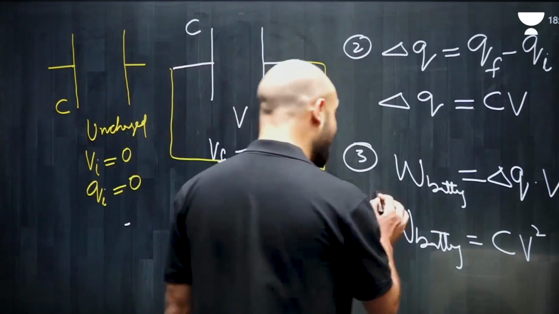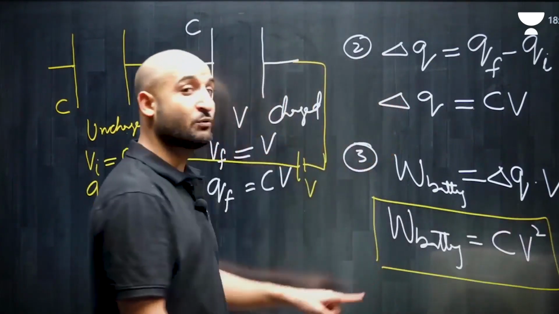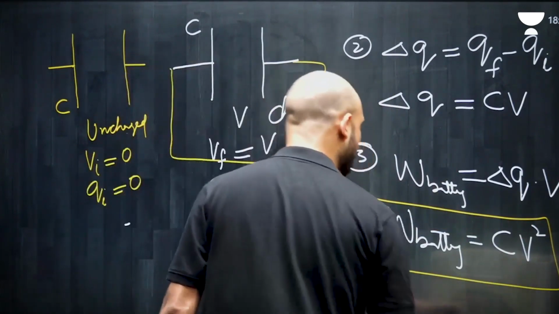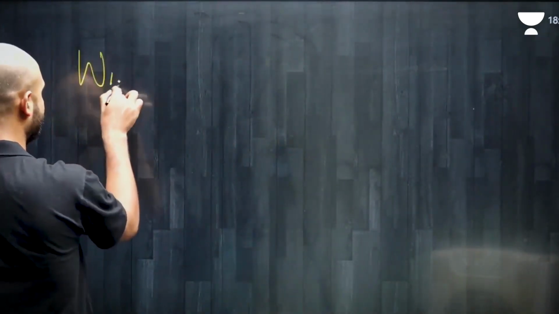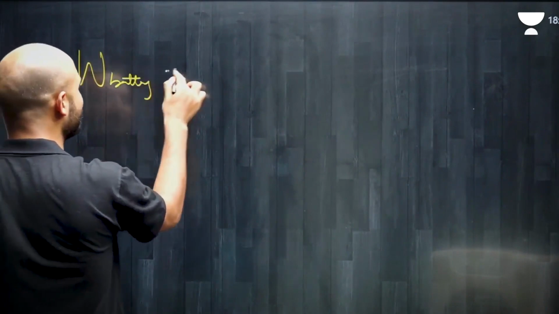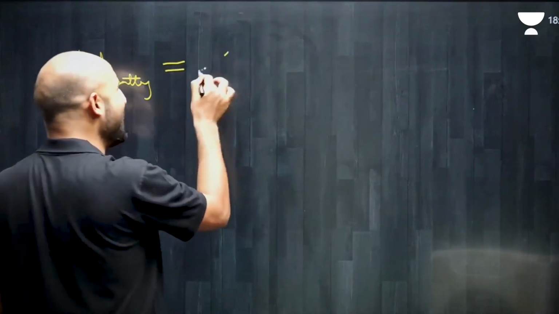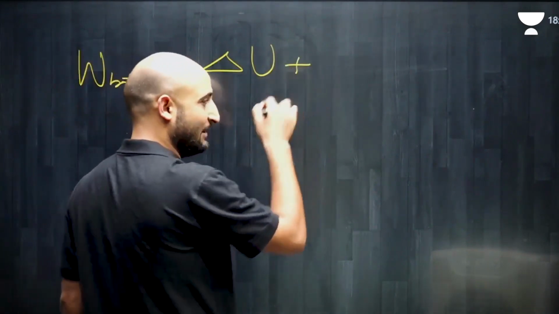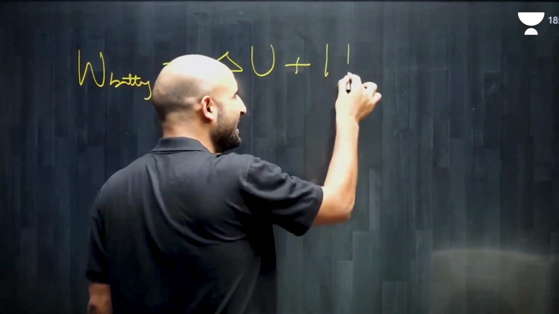So what is the total energy or total work done by the battery? That is CV square. This work done by the battery, W battery, will be utilized for two things. One, to change the energy stored by the capacitor, plus the left part of the energy is dissipated as heat.